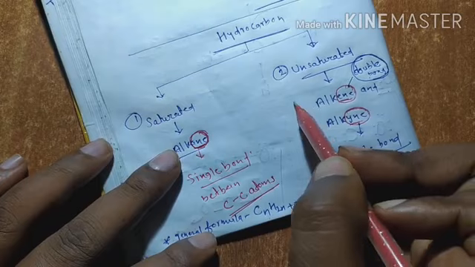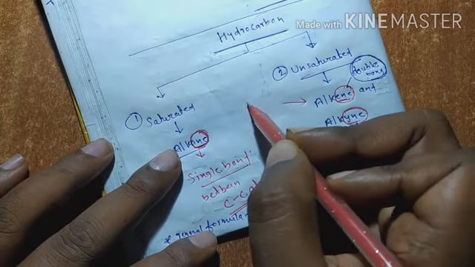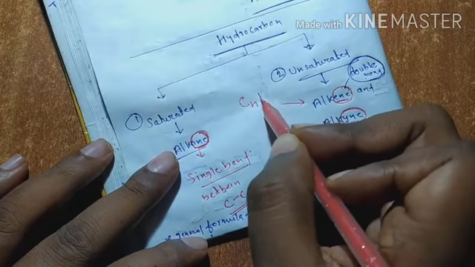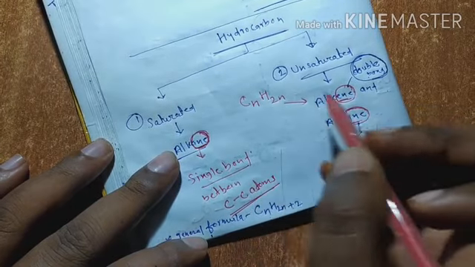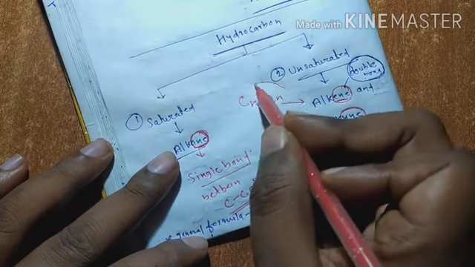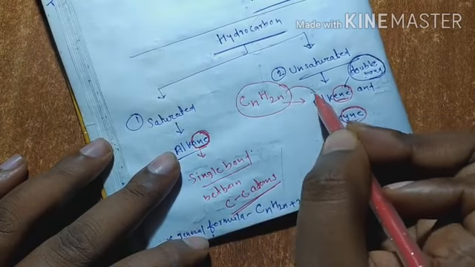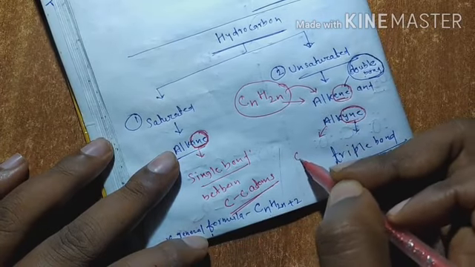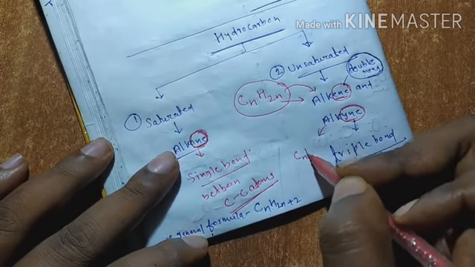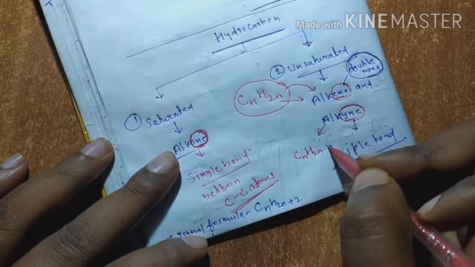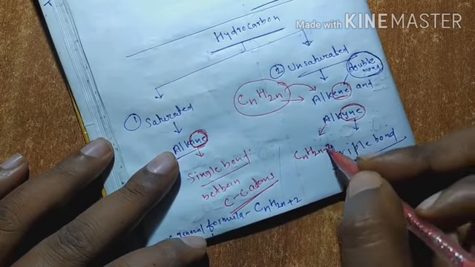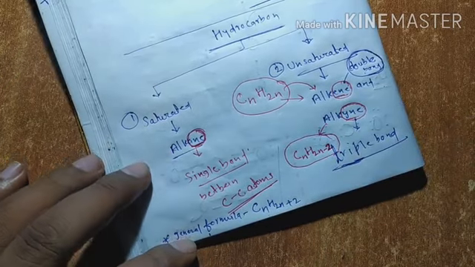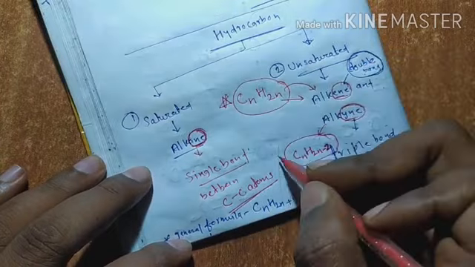In case of alkene, the general formula is CnH2n. There is no gap. CnH2n. This is the general formula of alkene. Alkyne, the general formula is CnH2n-2, not 2n minus 2 with a Z. This is very, very important. Okay, put a star here. This is very important.